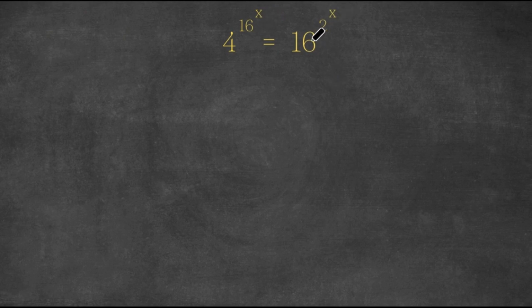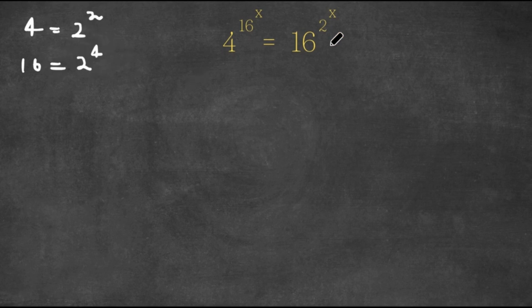Now, what I'm first going to do is rewrite both of these bases, 4 and 16, as powers of 2. Now 4 is equal to 2 squared, and 16 is equal to 2 to the power of 4.